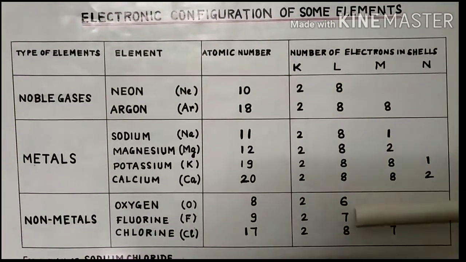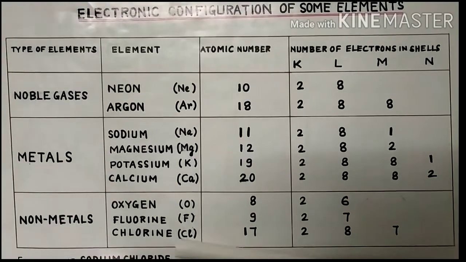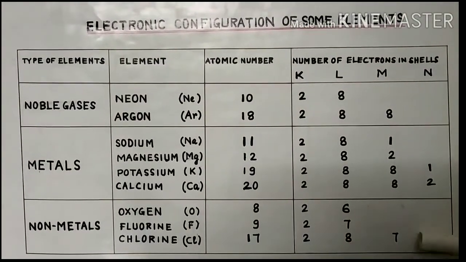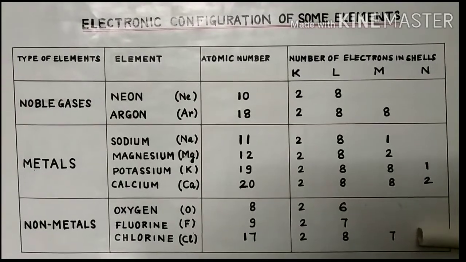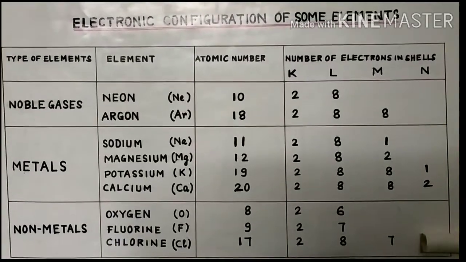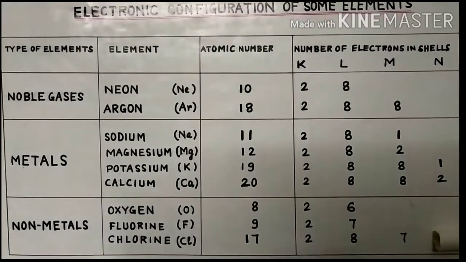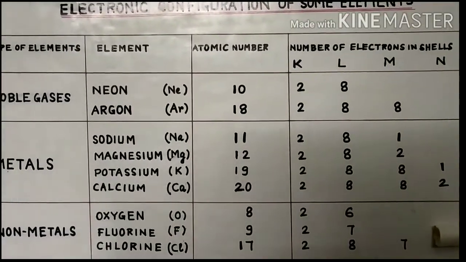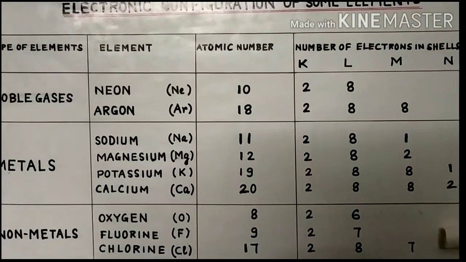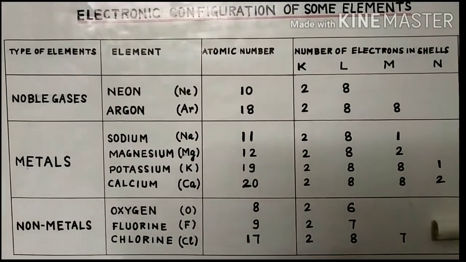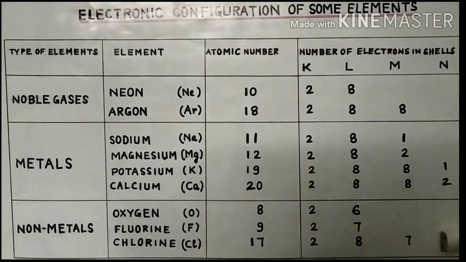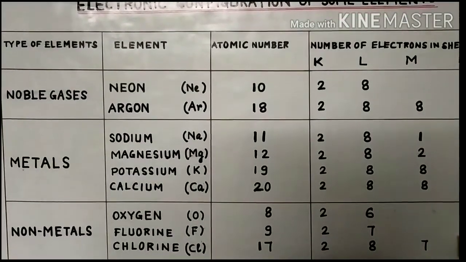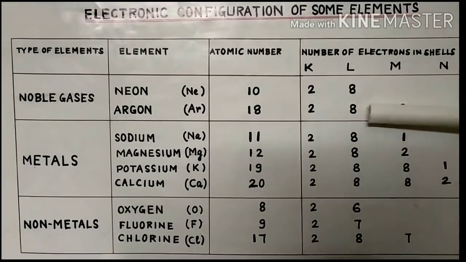On the other hand, chlorine atom, 2,8,7. Chlorine atom has 17 protons and 17 electrons in K, L and M shells. If it gains one electron, it can complete its valence shell, 2,8,8 electronic configuration.